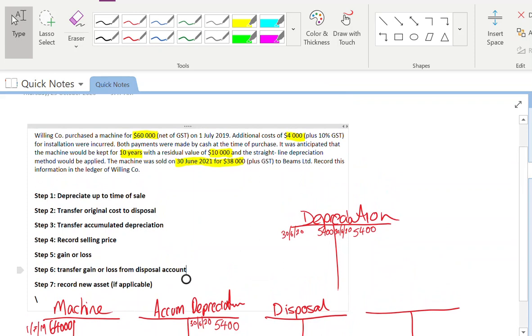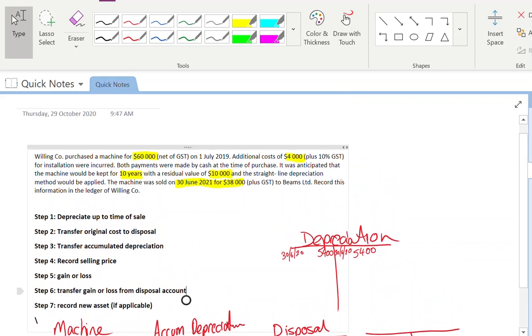To calculate the depreciation, it's the original cost of $60,000.